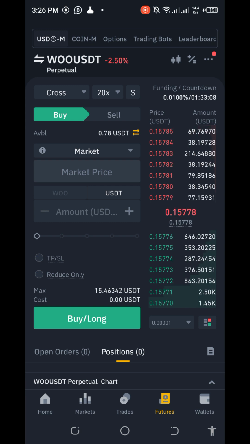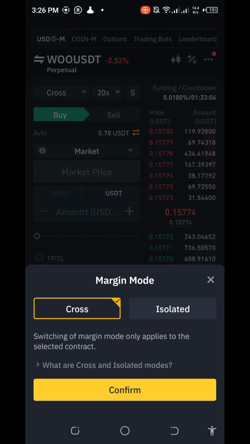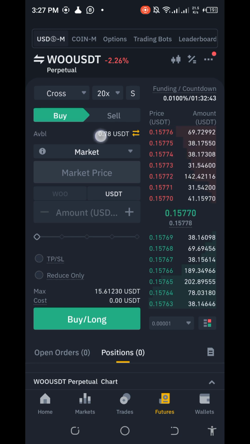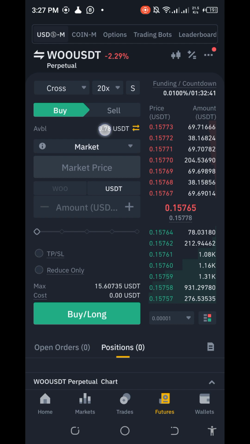If you enter the market with 0.8, I'll be having 0.70 in my available balance. If the market goes against me and liquidates me, I'm going to lose all of this money, 0.78.